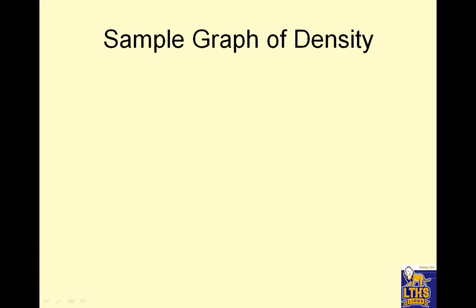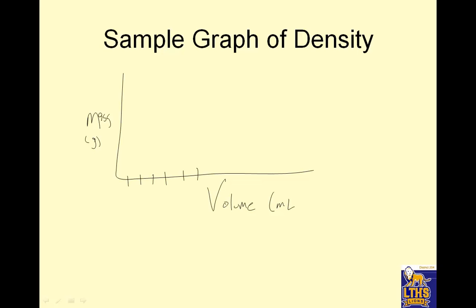Sample graph of density. So mass, which is going to be in grams, volume, which is going to be in milliliters, and then I've got my little tick marks. Now densities of things form a linear graph.